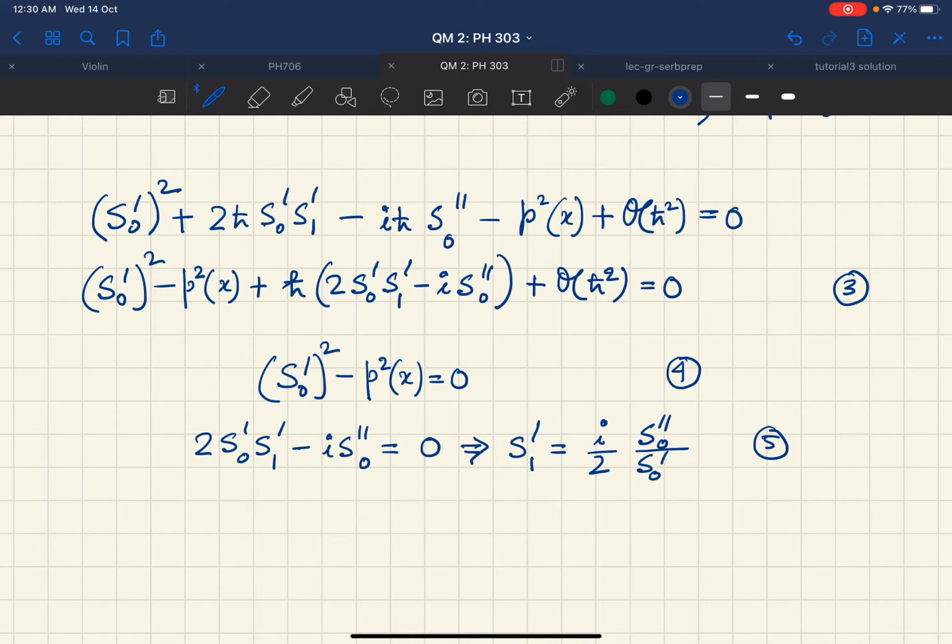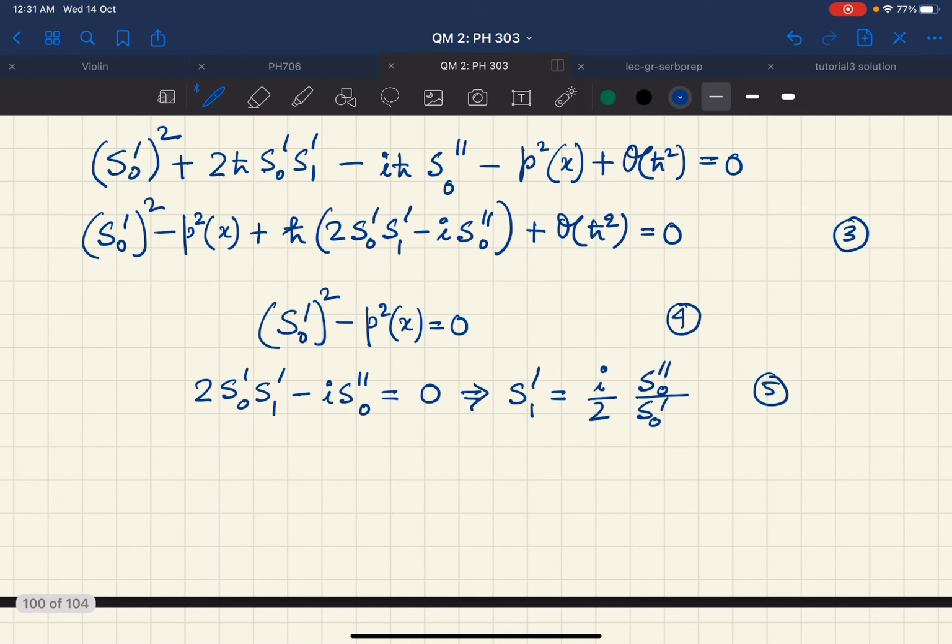Now the first equation, equation number 4, one can solve very easily. Equation 4, let me write as s0 prime equals plus or minus p of x.